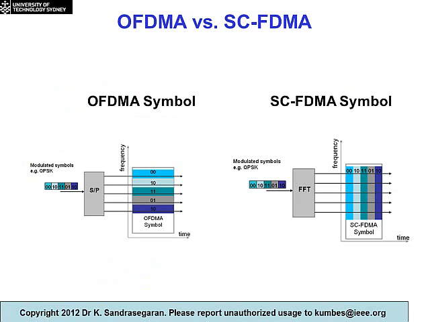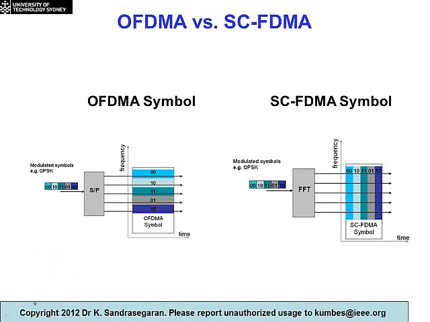So in terms of processing, how will the processing differ in the case of OFDMA and single carrier FDMA? We saw that in the case of OFDMA, we take the symbols that are coming in, and we have a serial to parallel converter, which essentially converts the serial information into parallel form.